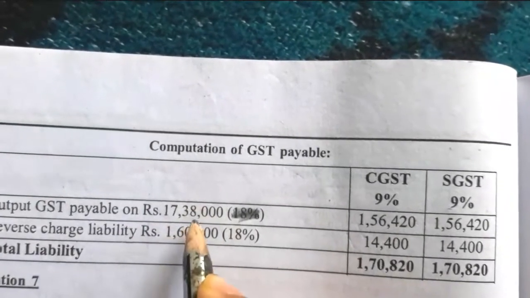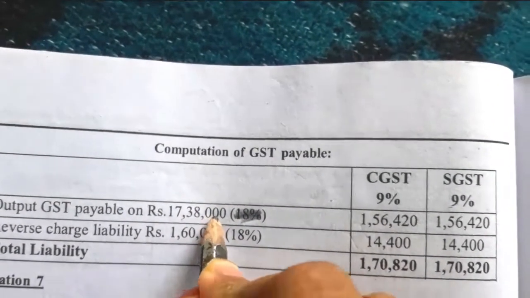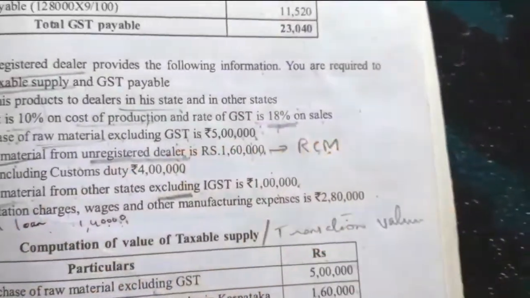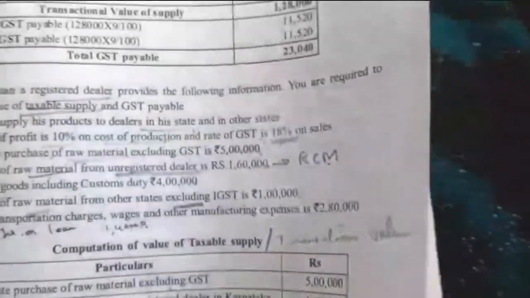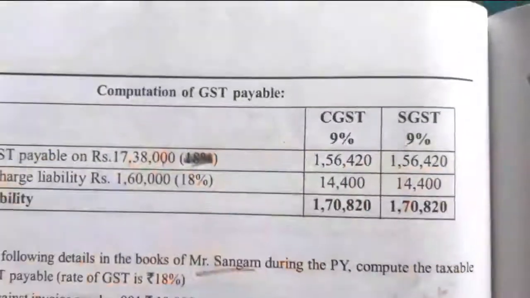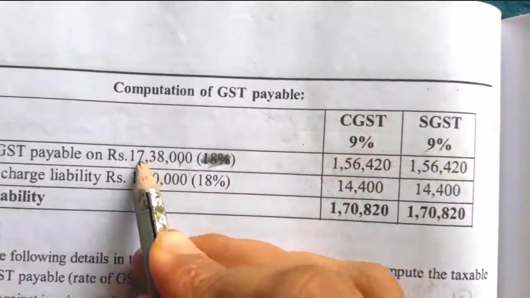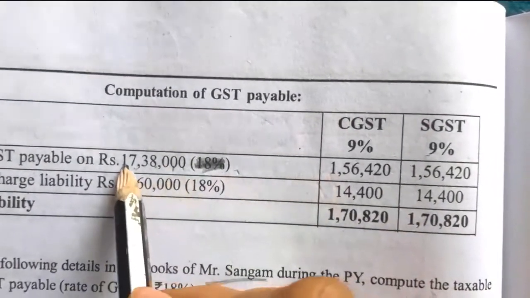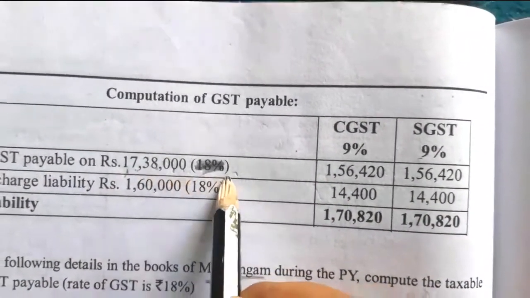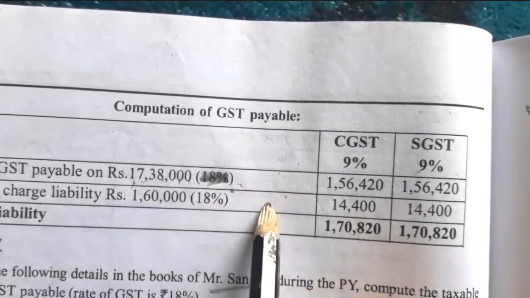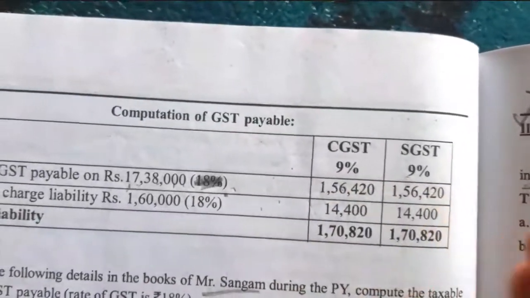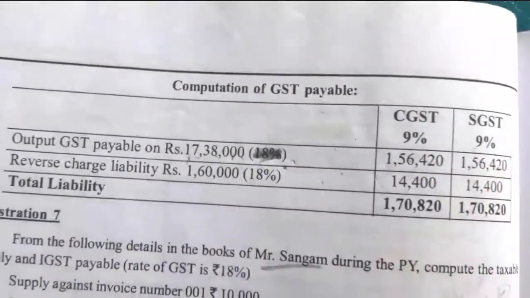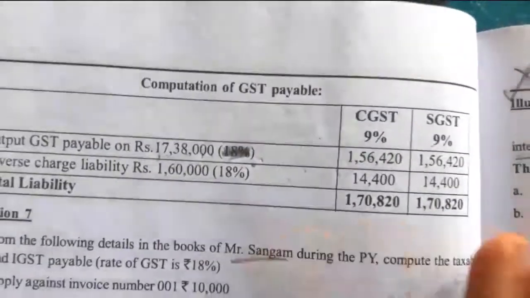On transaction value you have to calculate 17,38,000 into tax rate. GST rate given here is 18%. If you are assuming it as within the state, then we have to take CGST and SGST. So 17,38,000 into 9% is CGST, and next line 17,38,000 into 9% is SGST. You can write like that, or you can draw columns and calculate. But don't get confused, both methods are the same.